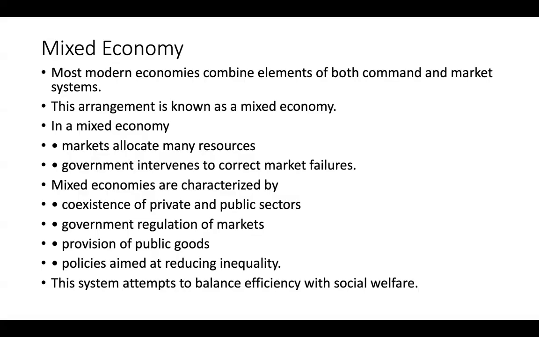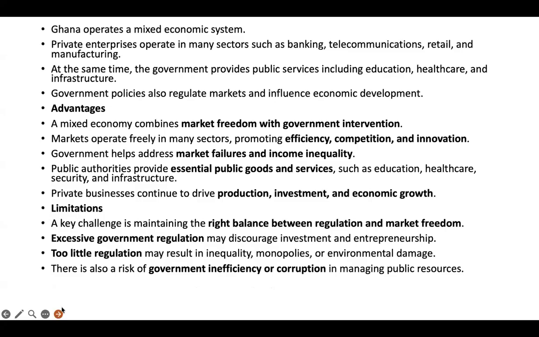So an example of such economy is Ghana. Ghana is practicing a mixed economic system. So when we come to Ghana, the private enterprises or the private firms operate in many sectors such as banking, telecommunication, retail service sectors, and manufacturing.